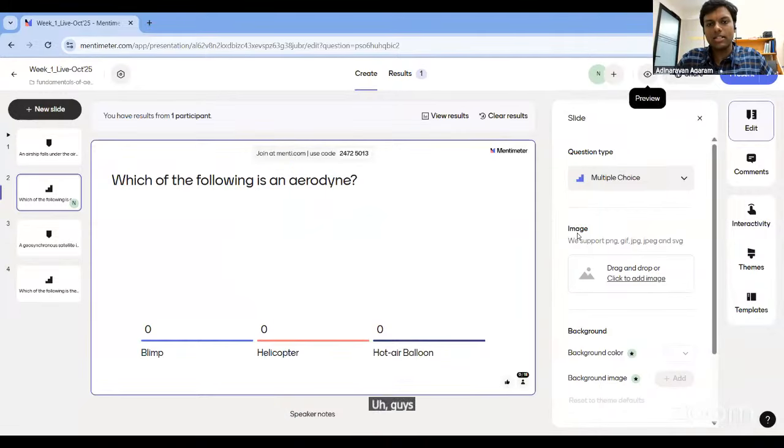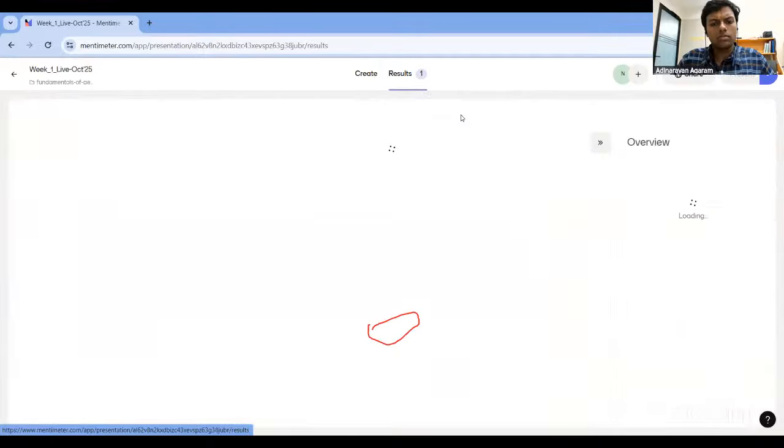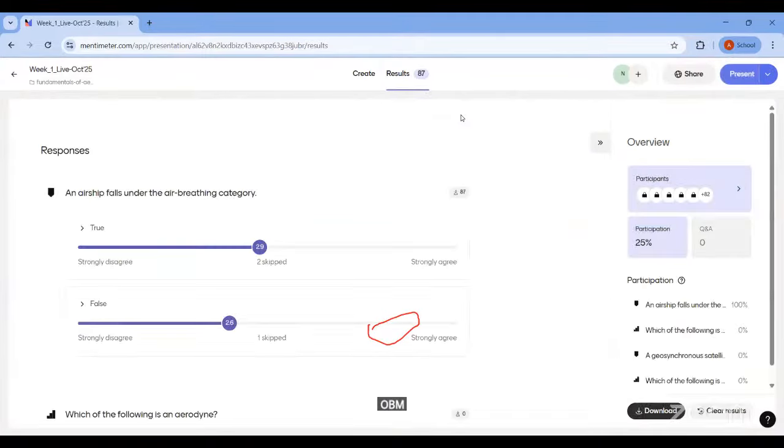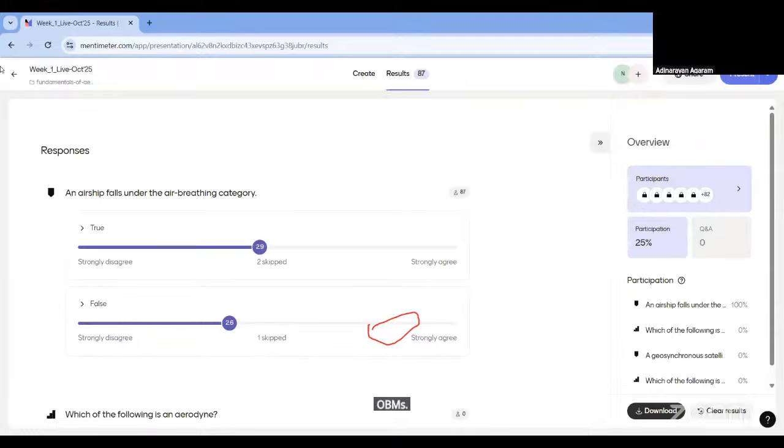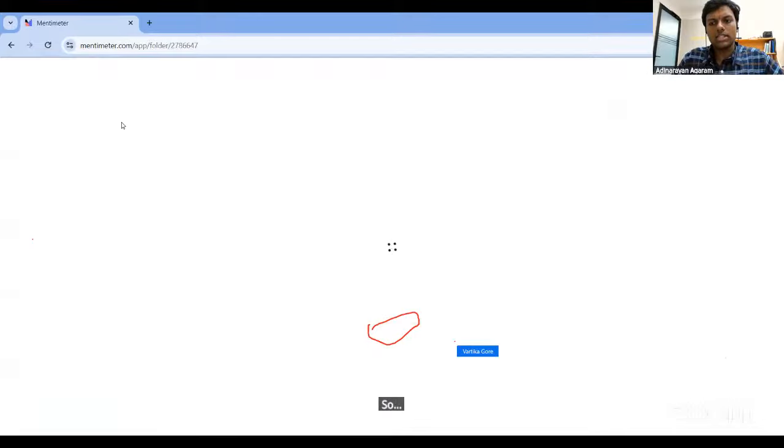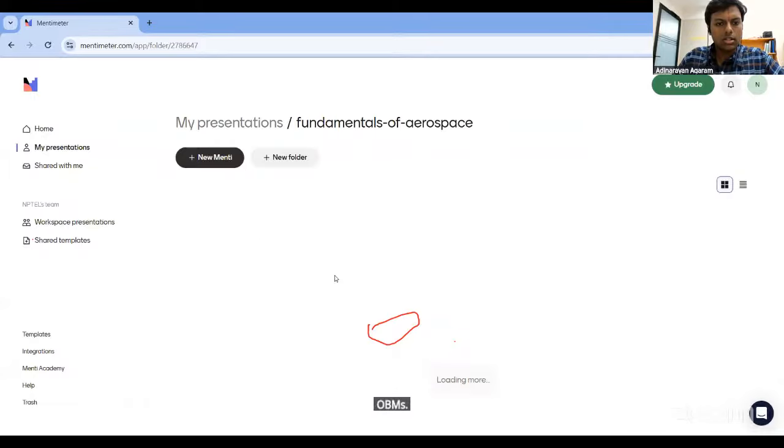Guys, please don't annotate on the screen, please. Guys, one second. Please don't annotate on the screen.